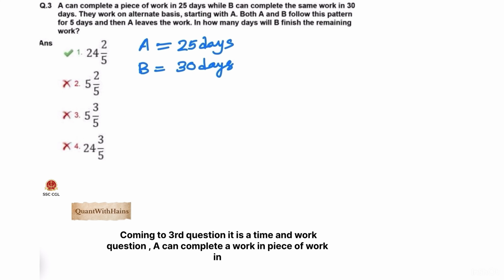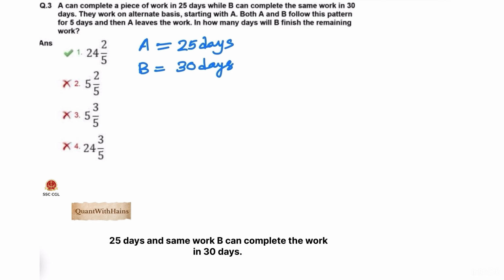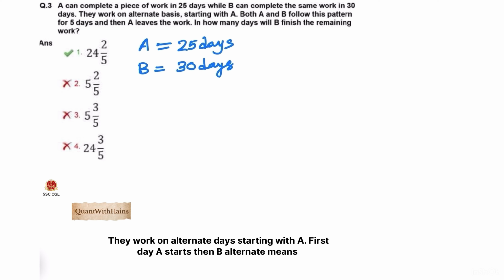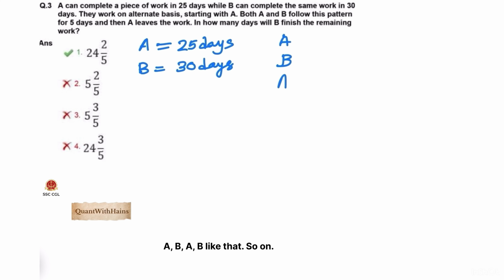Coming to the third question, it is a time and work problem. A can complete a piece of work in 25 days, and B can complete the same work in 30 days. They work on alternate days starting with A. First day A starts, then B. Alternate means A, B, like that, and so on.